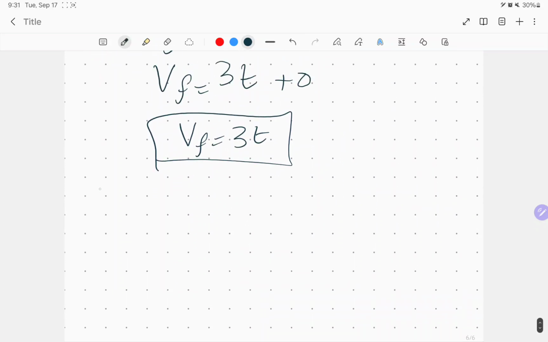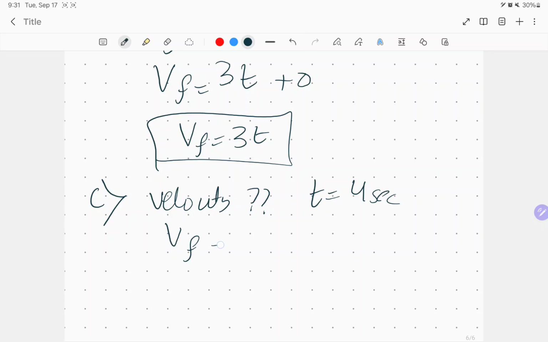Let's go to part C. He's telling me to find the velocity at time equal to 4 seconds. So I'm going to use this equation of motion to get the velocity at time equal to 4. So V final equal to 3 multiplied by 4 equal to 12 meters per second.